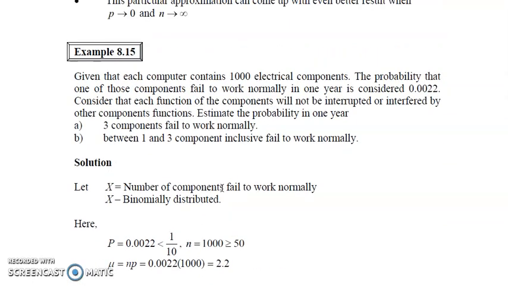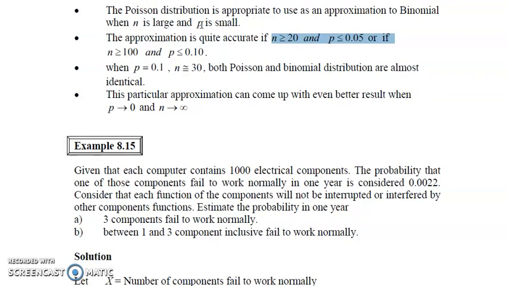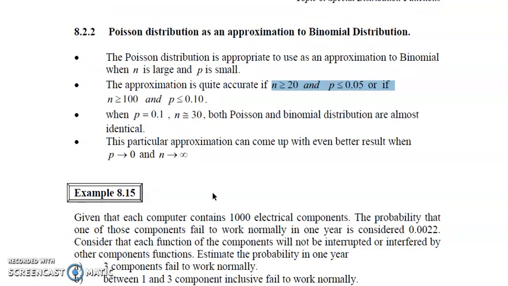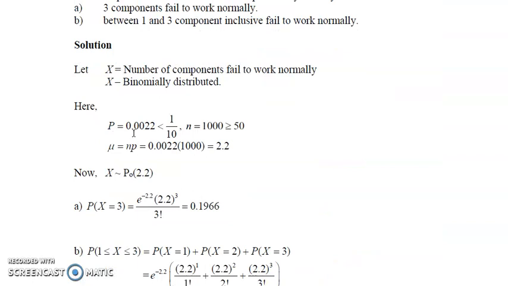Okay, easy to say. Example 8.15. If you read the question, it is given in the form of binomial distribution, but the n is large and the p is small. So that's why you are going to have some help from the Poisson distribution. The p is 0.0022 and the n here is 1,000, is it right?